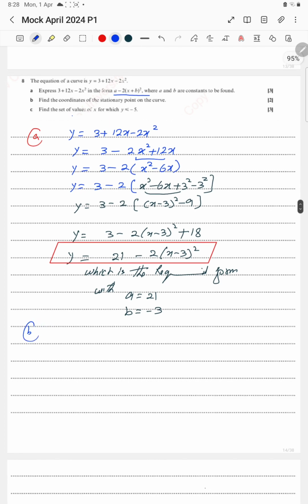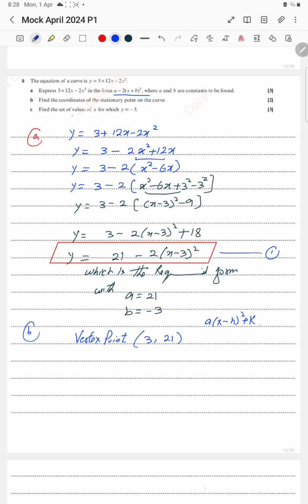b part states: find the coordinates of the stationary point on the curve. So from this equation number 1, what comes is the vertex point. The vertex point is the stationary point. We get x is 3, and y is 21, because for that we compare a into x minus h square plus k.